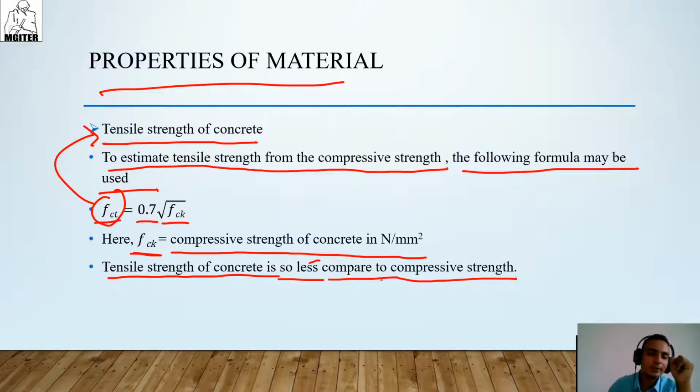If I say there is concrete, and I create a structure which is a beam, and I apply a load that is a tension force on the beam, at that time the concrete will fail because its tensile strength is so less compared to compressive strength.